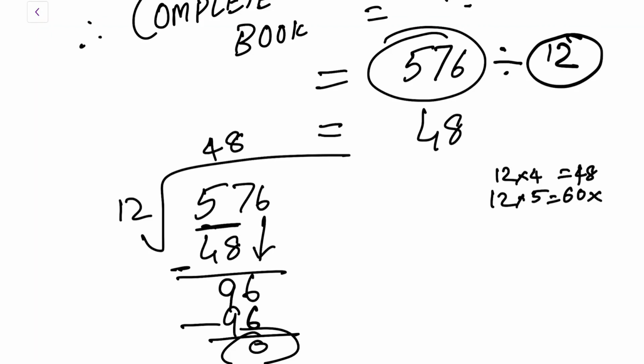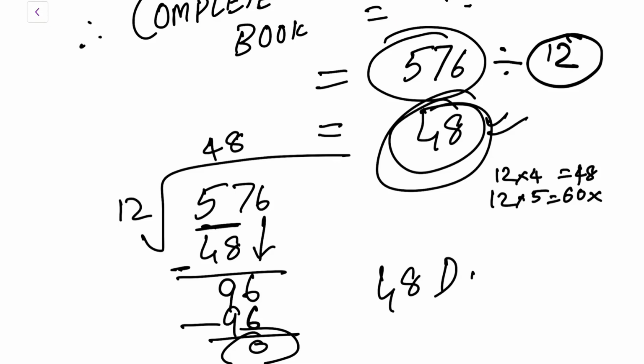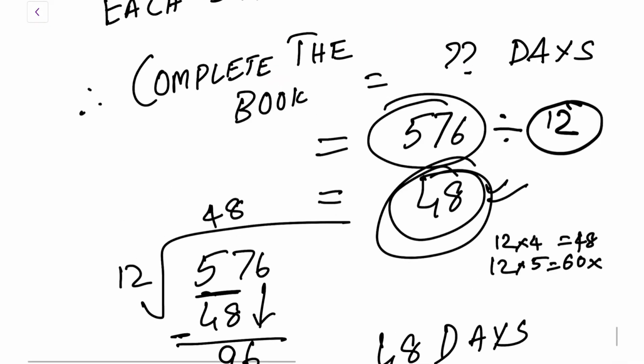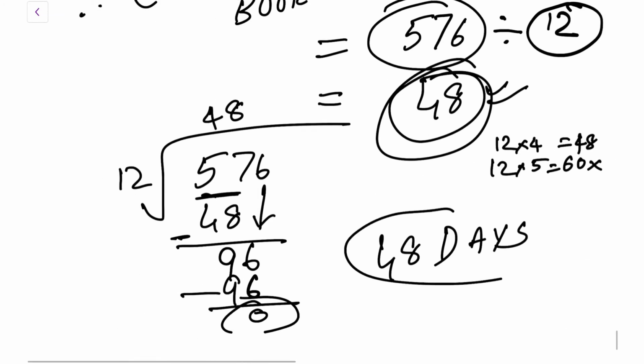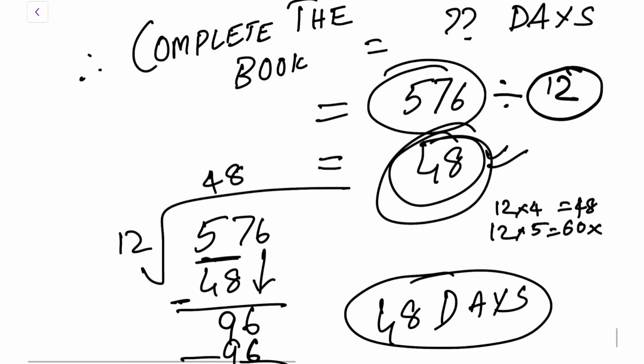So the answer is 48. That means the person needs 48 days to complete the entire book. If he reads 12 pages per day, he'll be able to complete the entire book in 48 days. What did we do? We took the total number of pages and divided it by the pages he reads per day. That's how you get the total number of days.